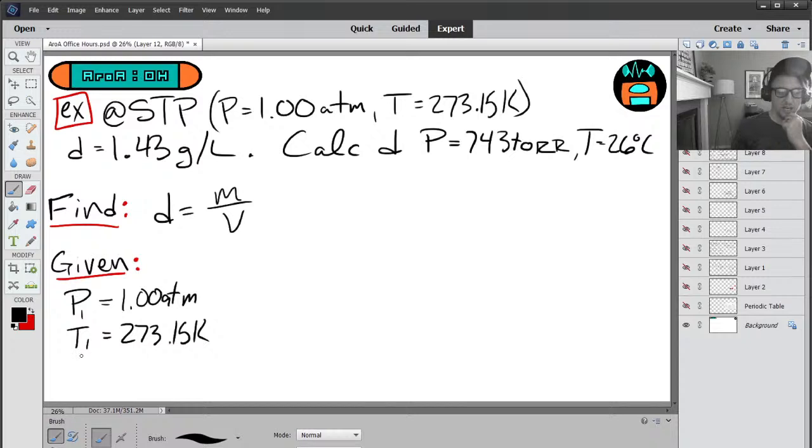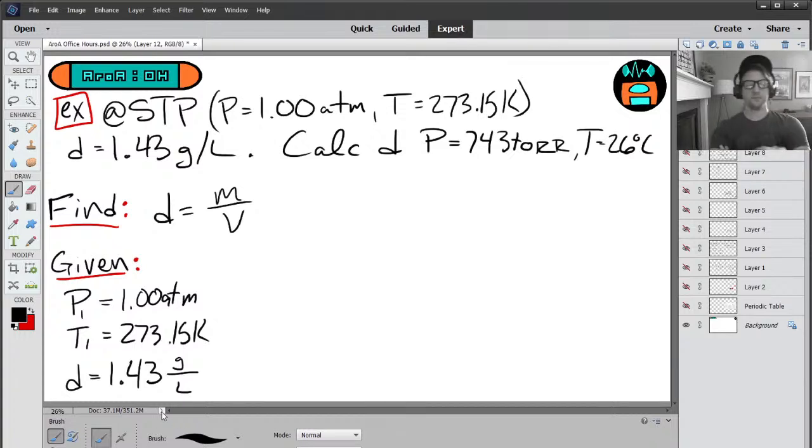And we're told that our density here is 1.43 grams per liter at these initial conditions.